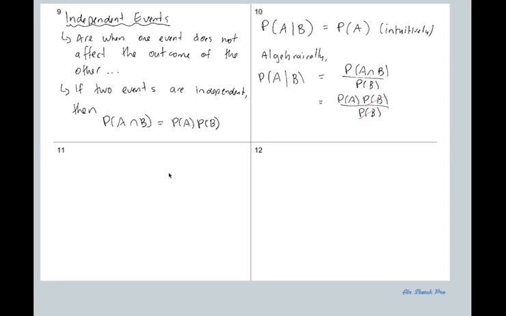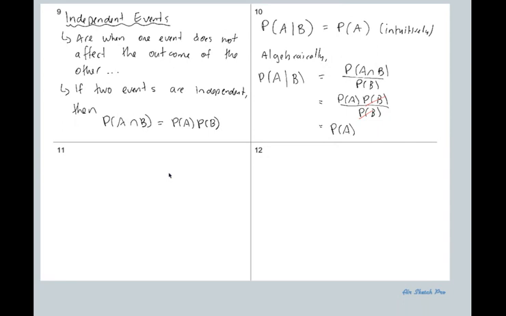They cancel out. That's grade 7 maths. So algebraically, it's supported. If they're independent, then algebraically A given B must reduce down to probability of A.